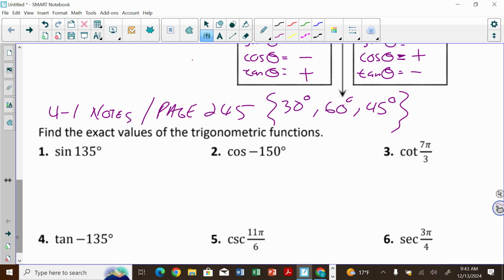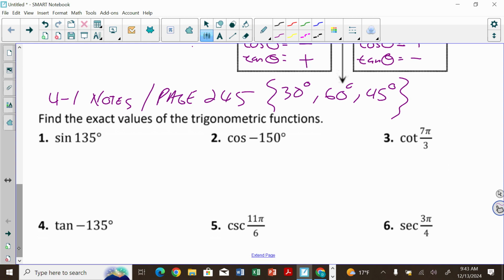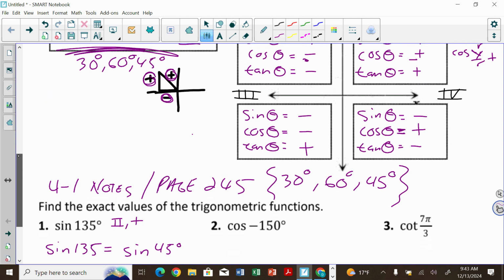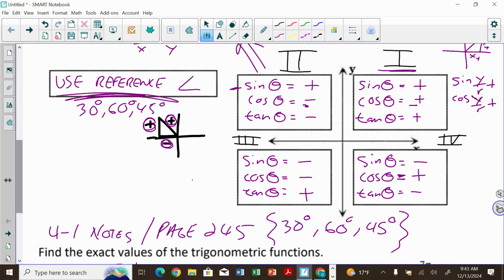All right, so sine of 135. I don't want to use sine of 135. I want to use the reference angle. The reference angle of 135 is going to be 45. But 135 is in quadrant 2, and since we're dealing with sine in quadrant 2, it's positive.